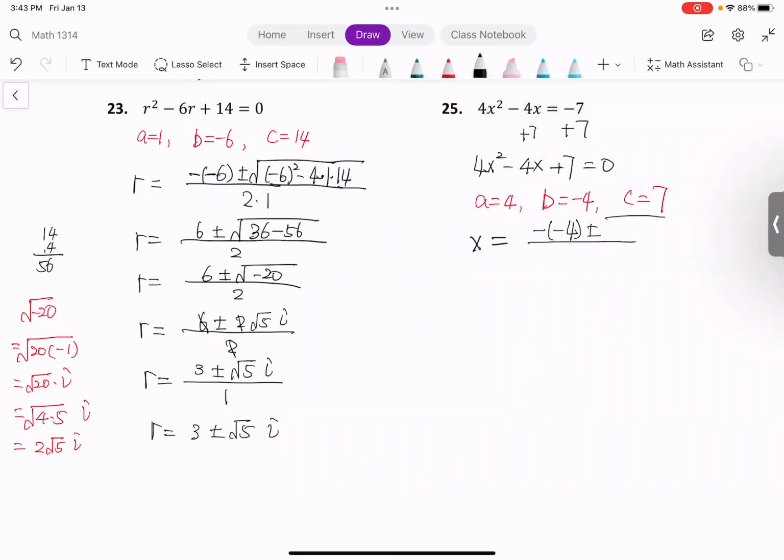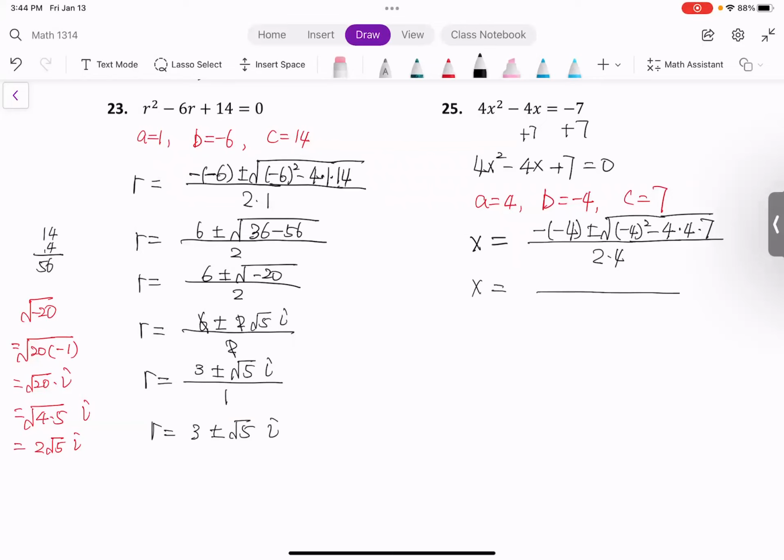Plus or minus the square root of b squared, that's (-4) squared, minus 4ac, minus 4 times 4 times c, c is 7, over 2a, 2 times 4.